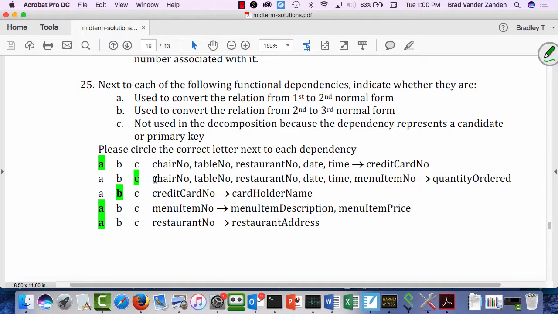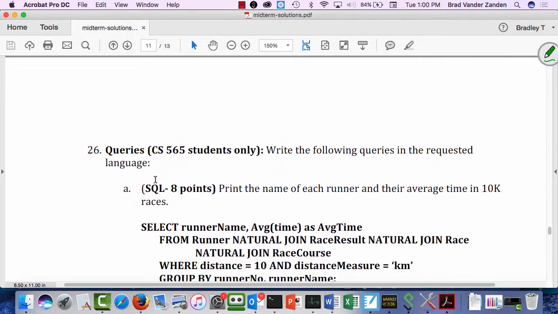The determinant for the one labeled C here, that determinant is exactly the primary key. It's not used in the decomposition because it represents a primary key. Okay, moving on.